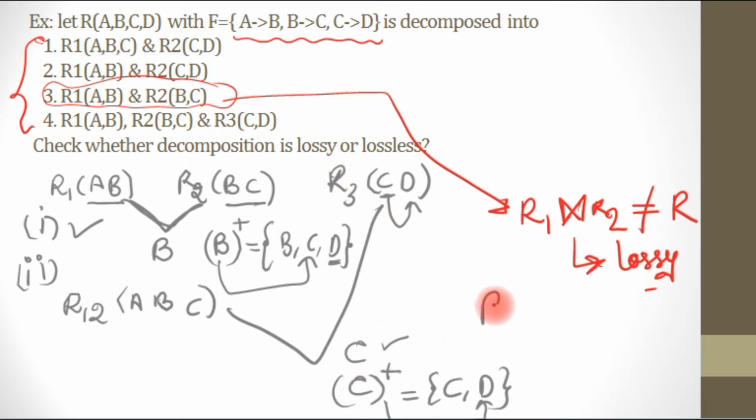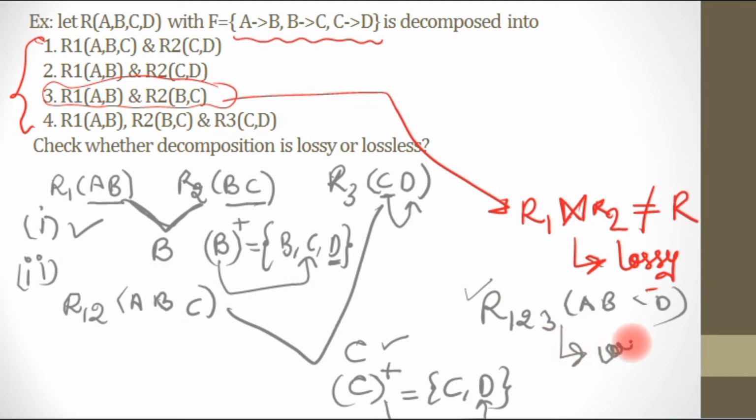So we can combine R1,2 and R3, A, B, C, D. After merging all the relations, we get only a single relation. That's why this is a lossless decomposition.